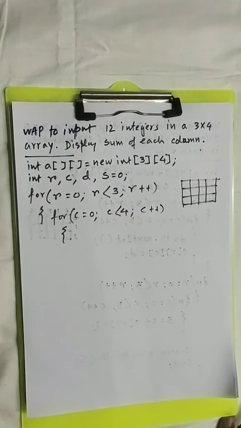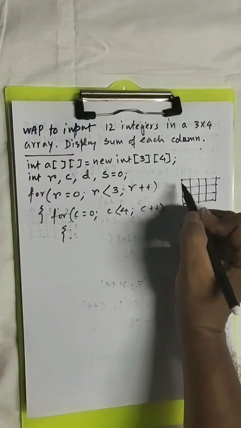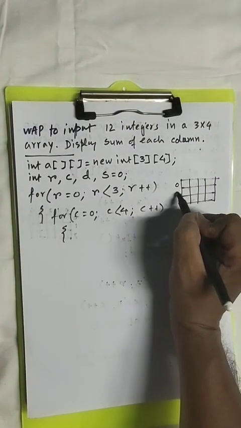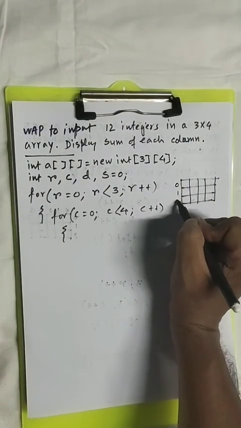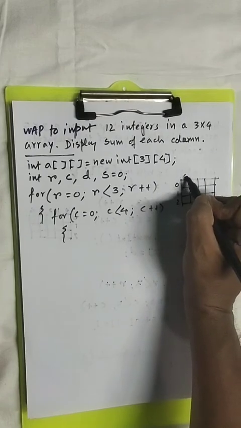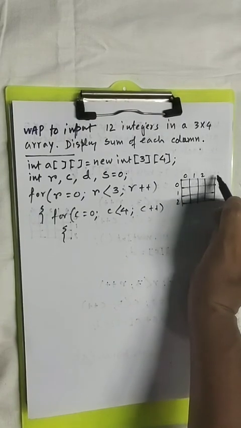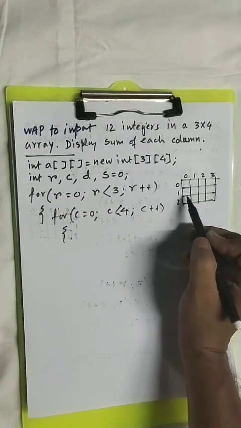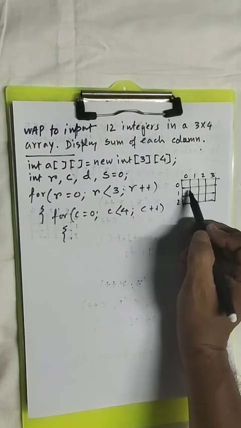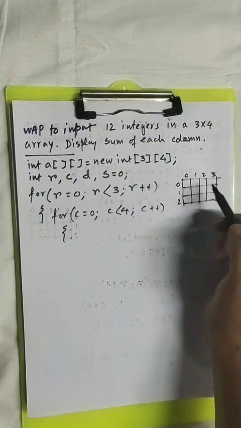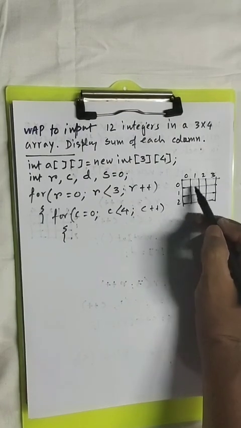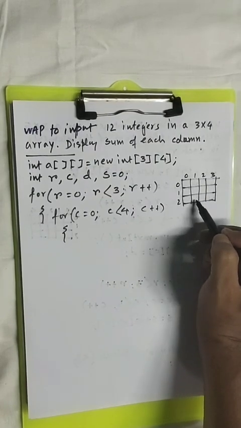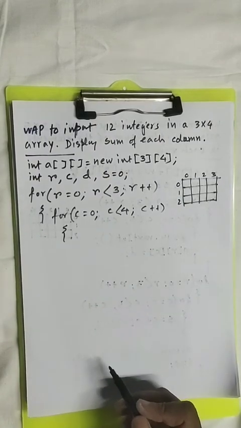We have to calculate sum of each column, that is here 0 row, 1 row, 2 row, 0 column, 1 column, 2 column, 3 column. Sum of each column means column 0 sum means 0,0 1,0 2,0. Column 1 sum 0,1 1,1 2,1. Likewise we have to calculate.